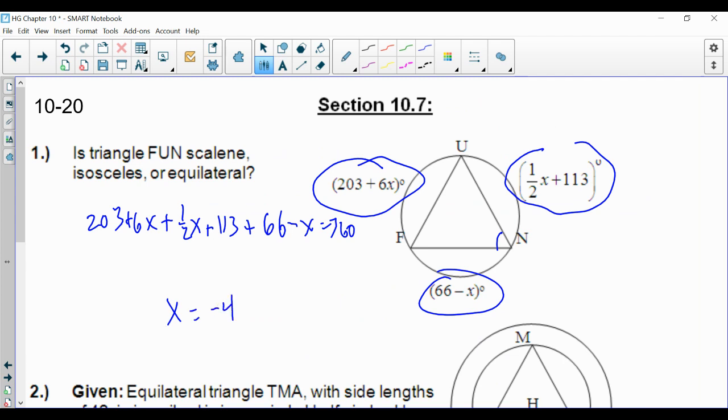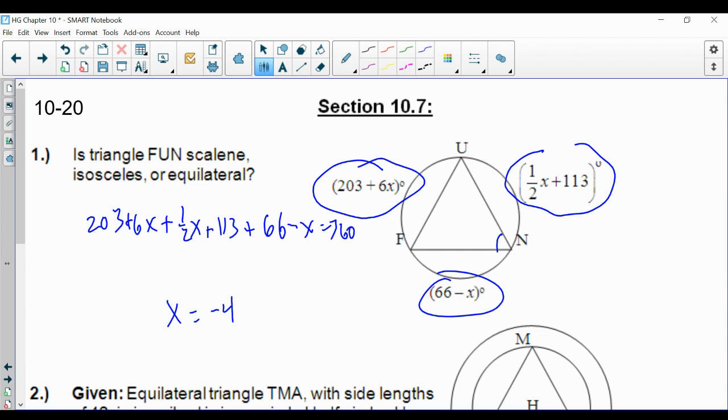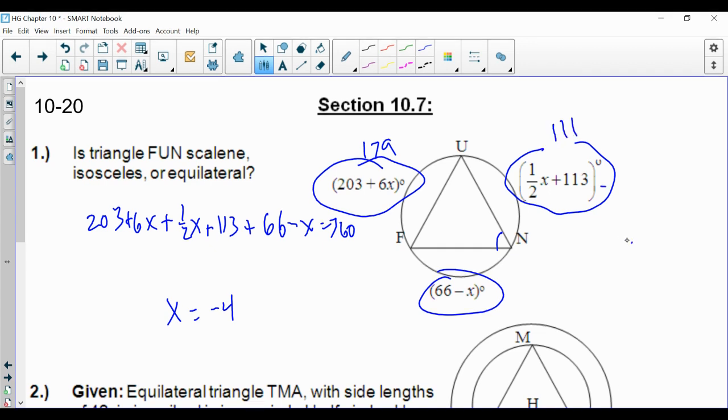So make sure you do that work and try it out. And then once you solve it, you end up getting that this arc is 179. You substitute it in over here, and you get that this arc is 111. And the last arc ends up being 70.